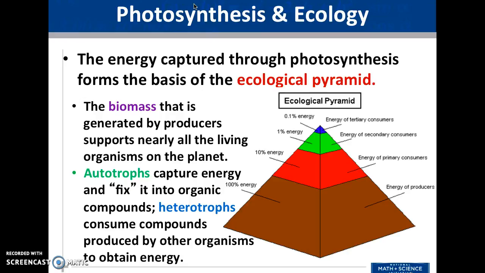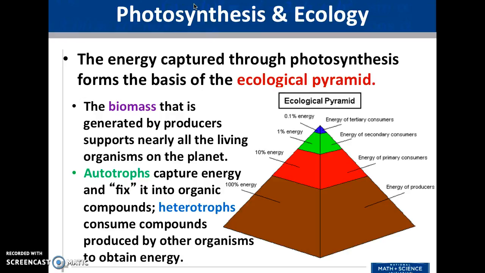So plants don't move, plants don't need to specifically mate, therefore they don't waste energy doing that, they just store their energy. The biomass that is generated by producers basically supports all of the other consumers in the planet.